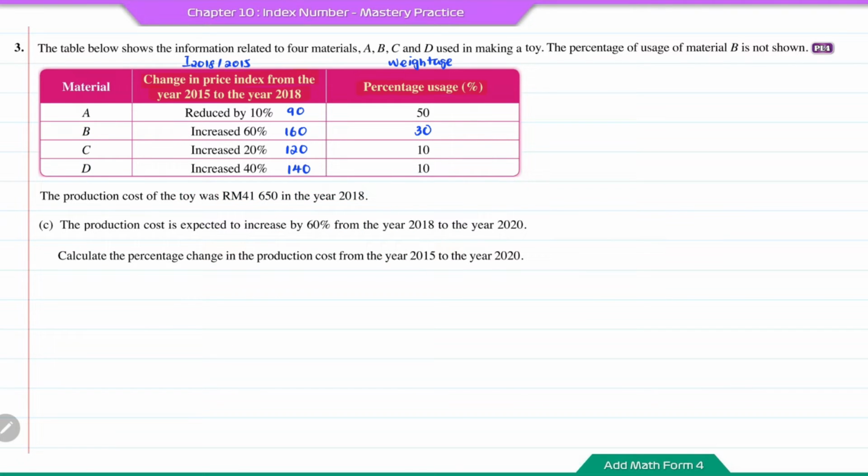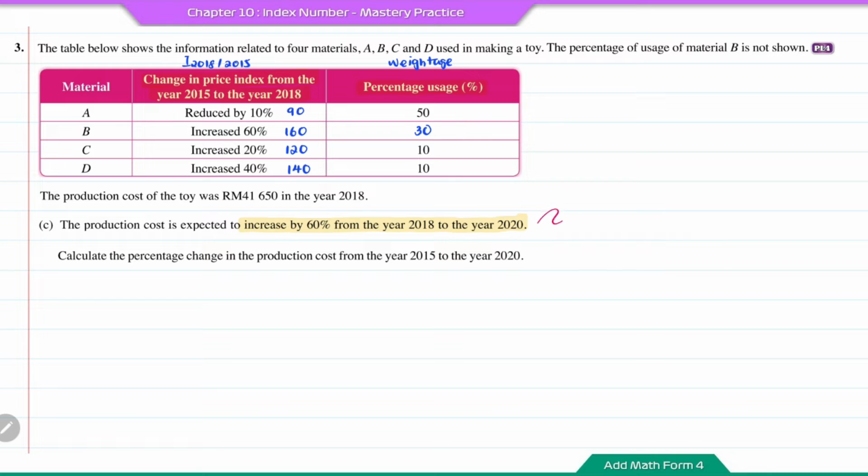Question C. The production cost is expected to increase by 60% from the year 2018 to the year 2020. So calculate the percentage change in the production cost from the year 2015 to the year 2020. The production cost here is referred to the production cost of the toy. So if we know the composite index in the year 2020 based on the year 2015, then we can find the change in the percentage.